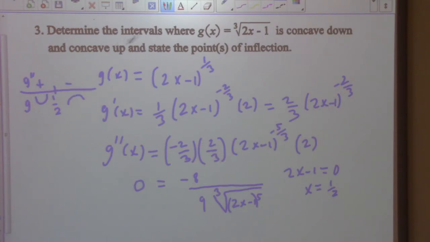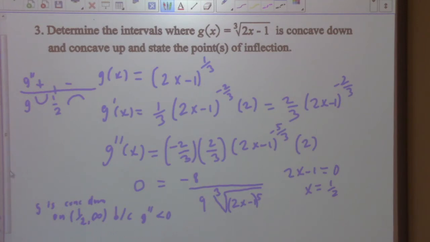So where's the function concave down? It's concave down on 1/2 to infinity because g double prime is less than 0. And there's a point of inflection.